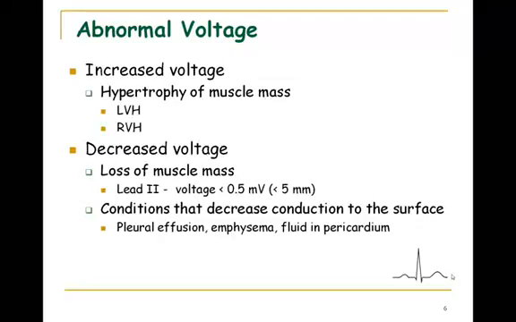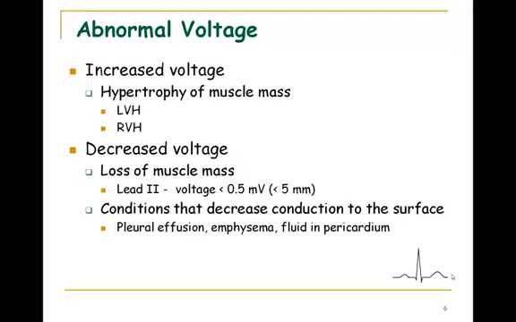I want to discuss and give you the relative parameters for what is considered high voltage when we talk about hypertrophy and muscle mass. There are a number of criteria out there for what constitutes left ventricular hypertrophy or right ventricular hypertrophy. I'm just giving you a general idea right now.